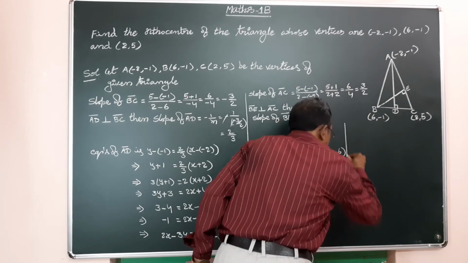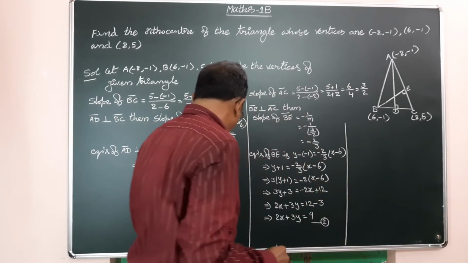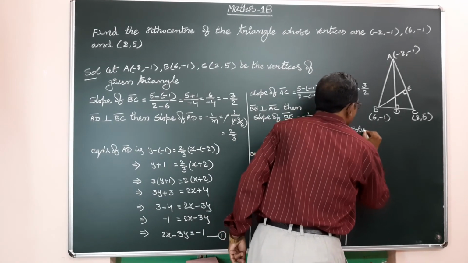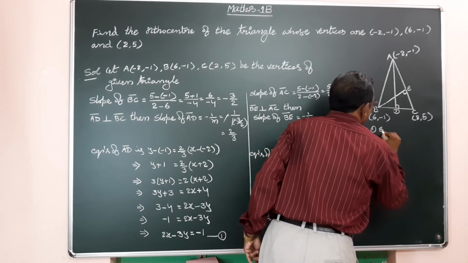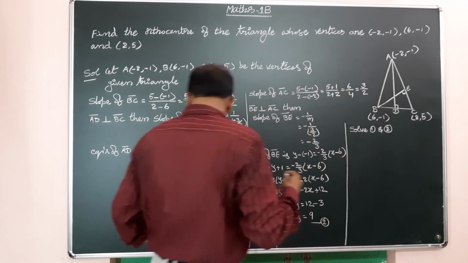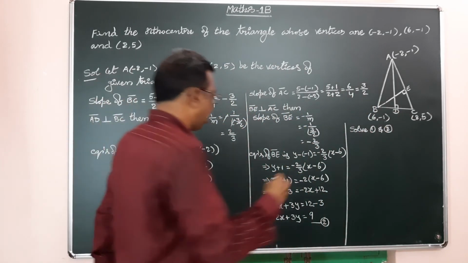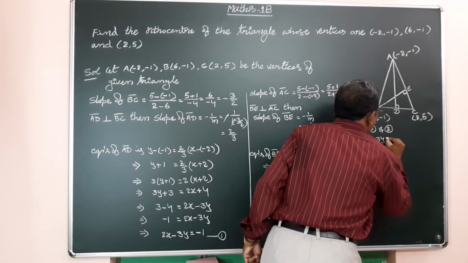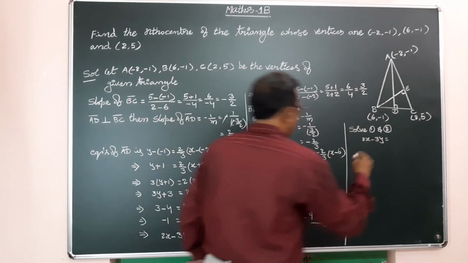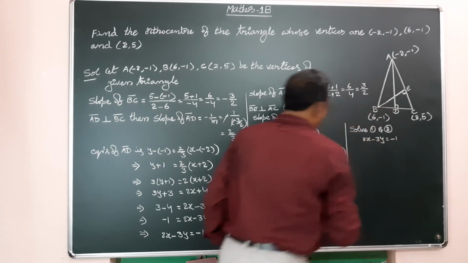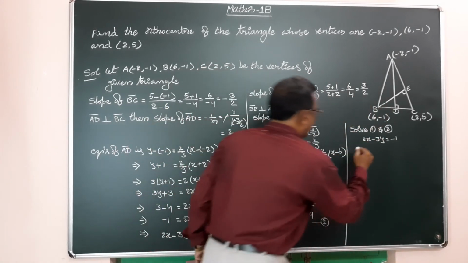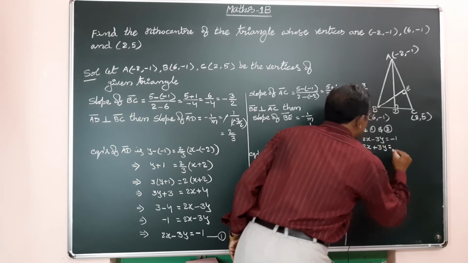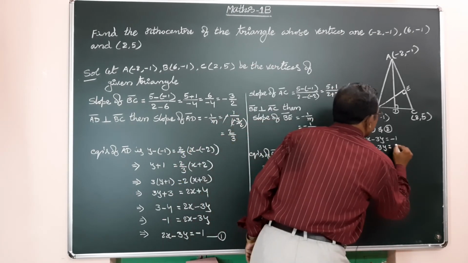So, solving 1 and 2. Equation 1: 2x minus 3y equals minus 1. The second equation: 2x plus 3y equals 9.